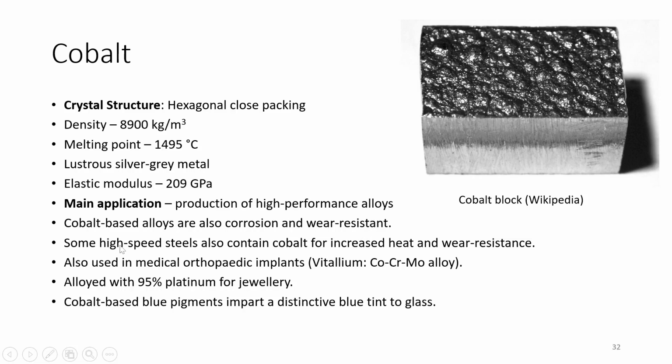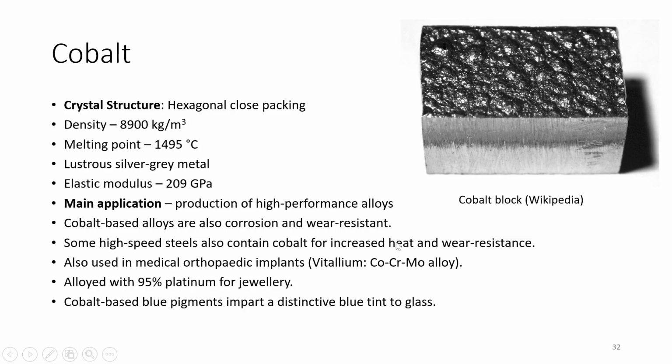And some of the high speed steels also contain cobalt for increased heat and wear resistance. It is also used in medical orthopedic implants, Vitallium, which is a cobalt, chromium and molybdenum based alloy. As I told earlier as well, in high speed steels, cobalt is added for increasing heat resistance and wear resistance.